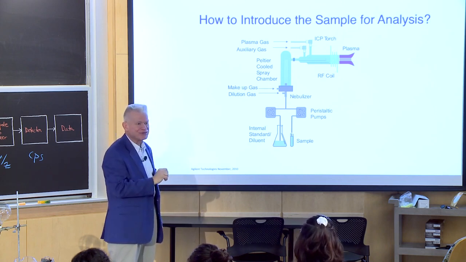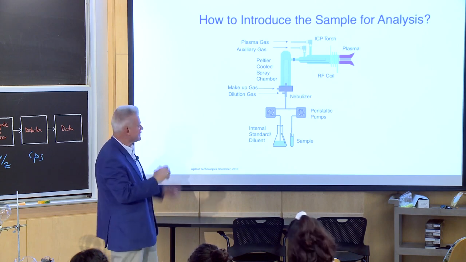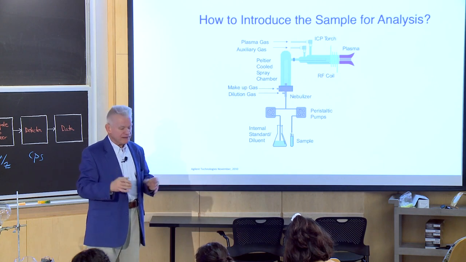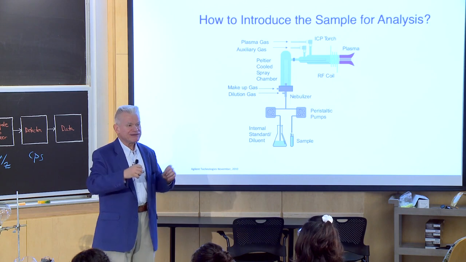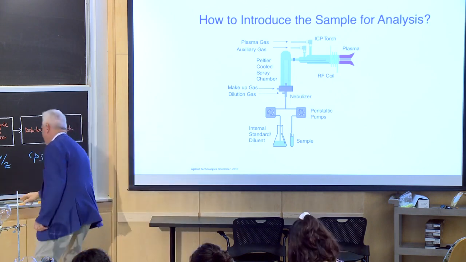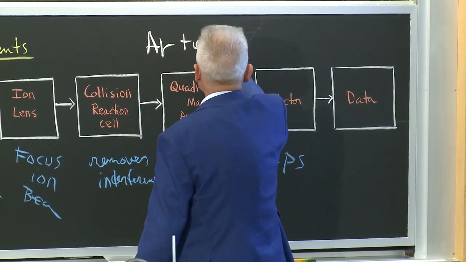What are we making in that tube? Roberto? Yeah, an electromagnetic field. And that electromagnetic field is thrashing around in there, and it's so powerful that it can rip an electron off argon. So we've got our argon hitting that energy.